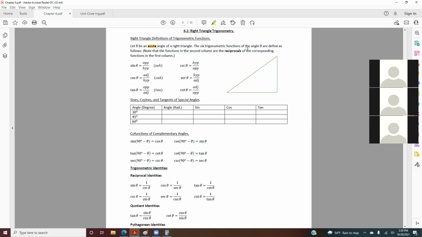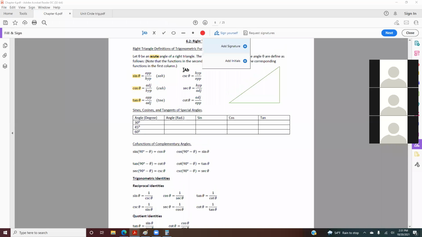In order for us to figure out the 6 trigonometric functions, we have the sine, the cosine, and the tangent. This is pronounced cosecant. Cosecant is actually the inverse, or the reciprocal, of sine.